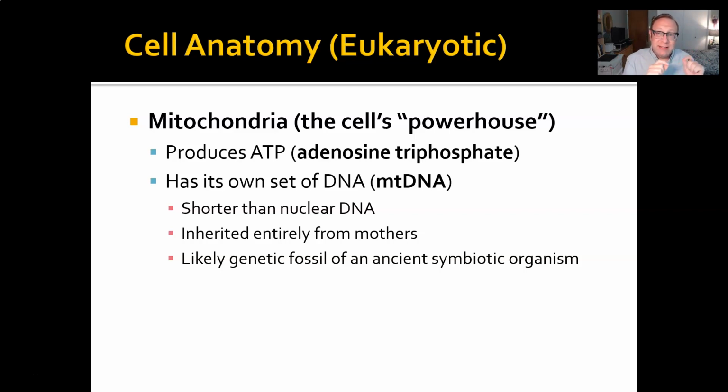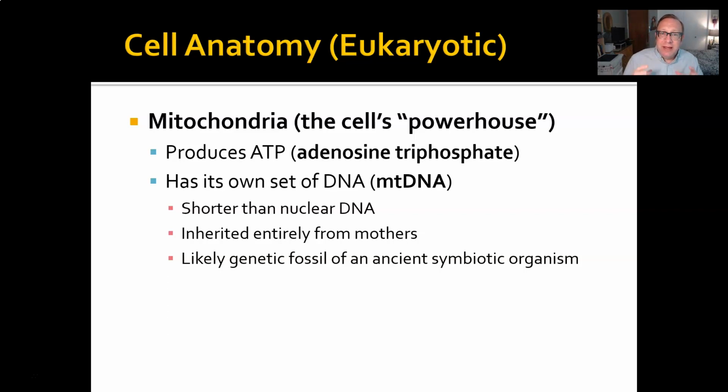We refer to this as mtDNA. And mitochondrial DNA is only inherited from your mother. So your mother, your mother's mother, your mother's mother's mother all have the exact same mitochondrial DNA, barring any mutations that may have come up.